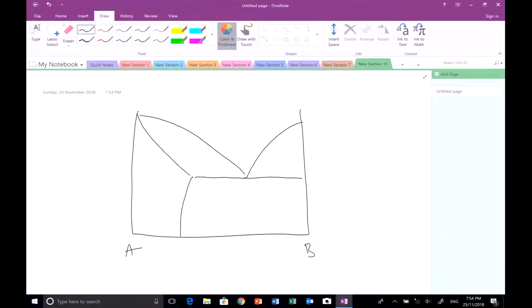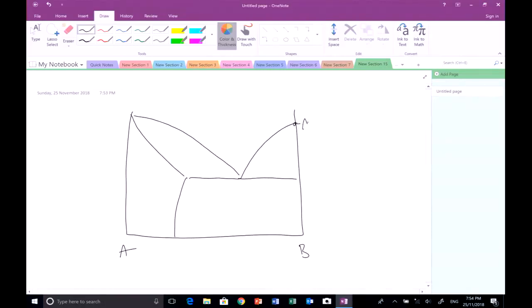I want to densify B. What's the maximal temperature I can do solid state densification? Maximal temperature of solid state densification of B. What is it? The melting point. Okay. That's a no-brainer.